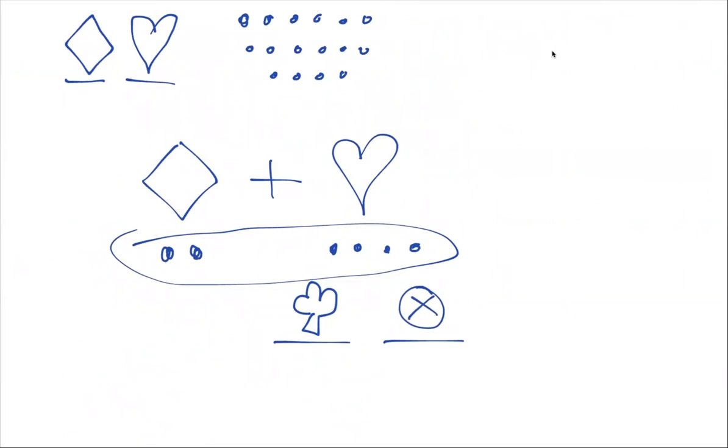Okay, so diamond plus heart is clover X circle thing. Okay, so when you're doing the addition, draw out the number of dots and then sort of regroup, right? Collect them in groups of 6s. Or if you can get to 36, you'll use that third place. And then see what you get with the symbols.